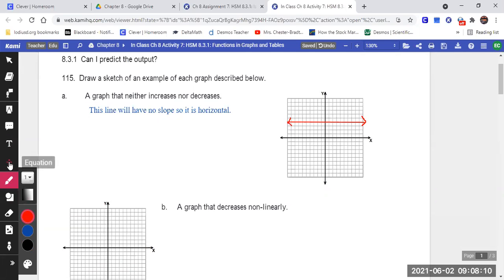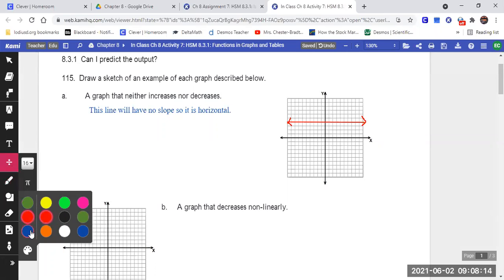And we have to identify what this line is. Now, if it's going straight sideways, a part of it's not changing, right? What part is not changing, the x or the y? The y.